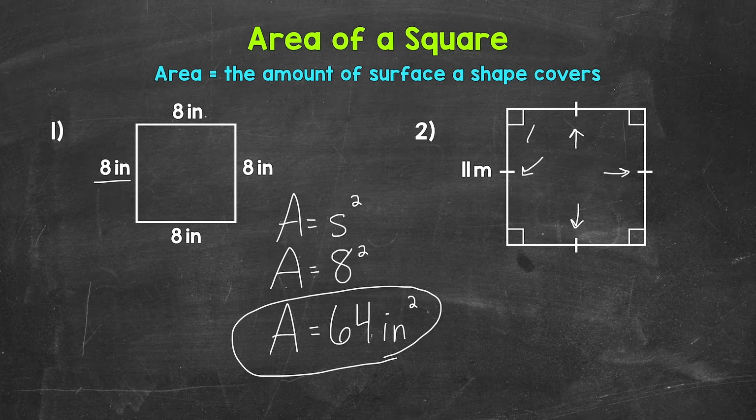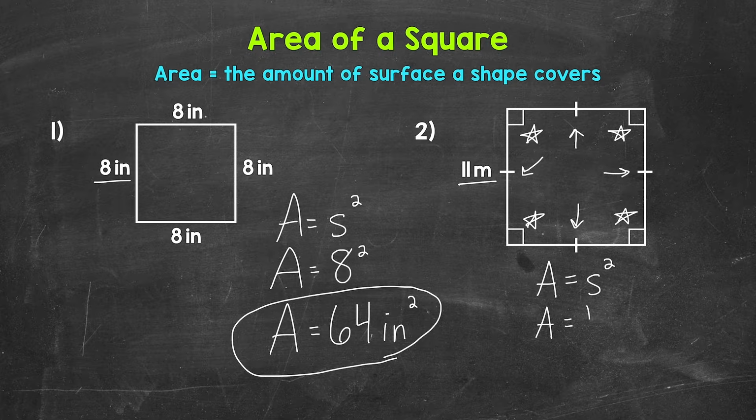Then we have the 90-degree angles marked as well. I wanted to include these symbols in case you come across them. That way, you'll know what they mean. As far as area, let's use the formula area equals a side length squared. And each side is 11 meters.